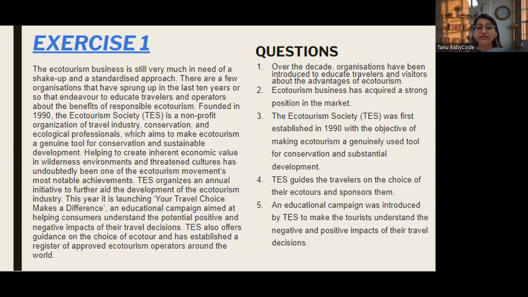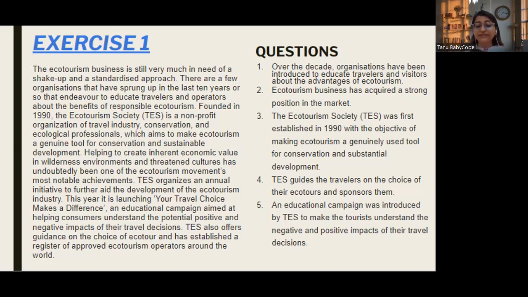So according to me, I can see in the beginning of the paragraph, the third statement says, there are a few organizations that have sprung up in the last 10 years or so that endeavor to educate travelers and operators about the benefit of responsible ecotourism. So from the question and from the passage, we clearly understand that some organizations have sprung up in the last 10 years.